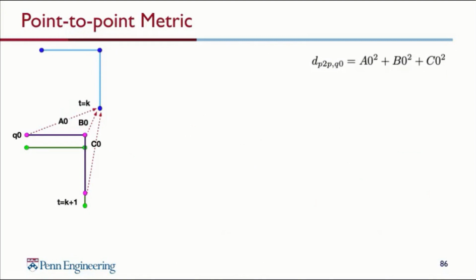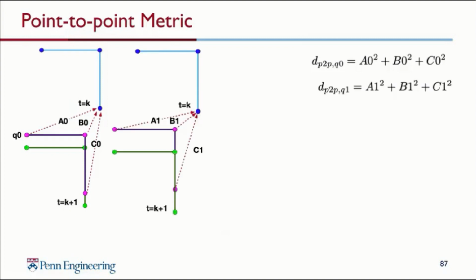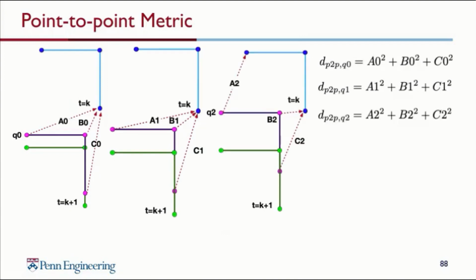We can make a similar computation for the remaining transforms. So if the score for Q0 is A0 squared plus B0 squared plus C0 squared, for Q1, the score will be A1 squared plus B1 squared plus C1 squared. And similarly, the score for Q2 will be A2 squared plus B2 squared plus C2 squared.